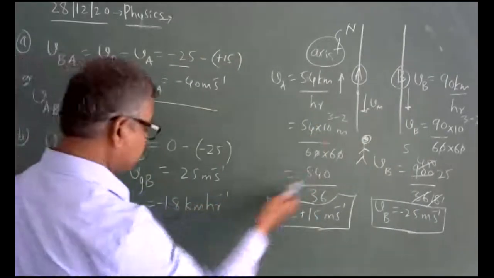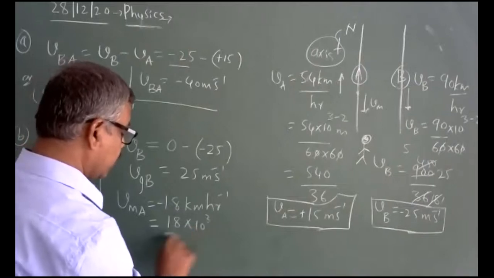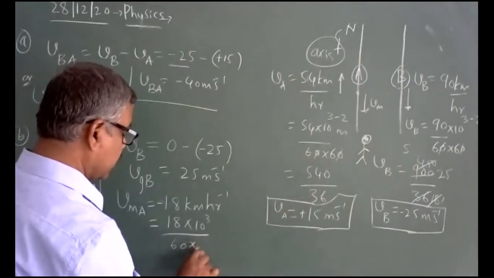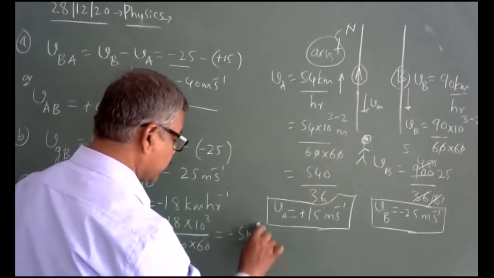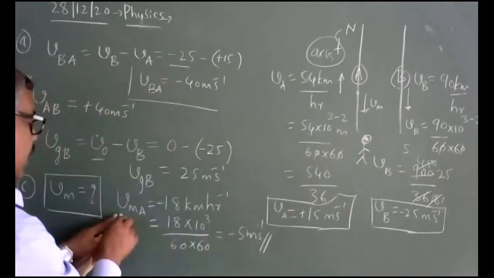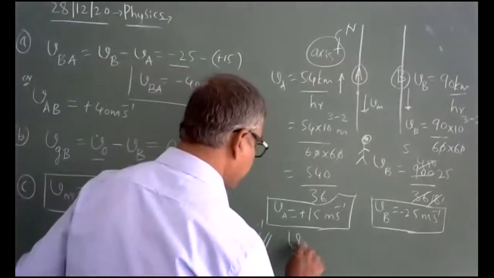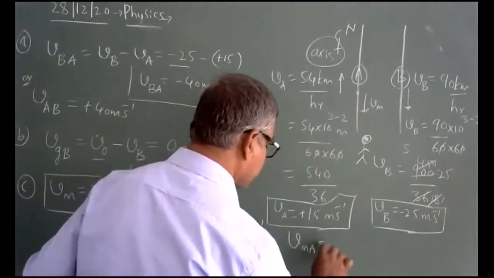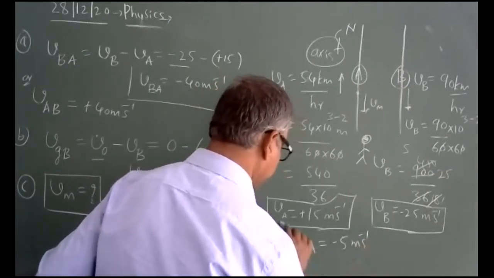You simplify like this, multiply 18 into 1000 divided by 60 into 60. So simplification gives you minus 5 meter per second. This is relative velocity of a monkey with respect to train A. I will write it: VMA is equal to minus 5 meter per second.